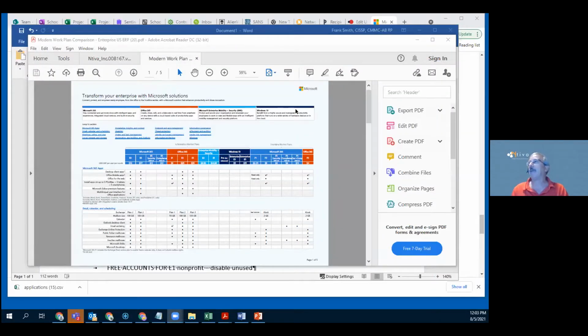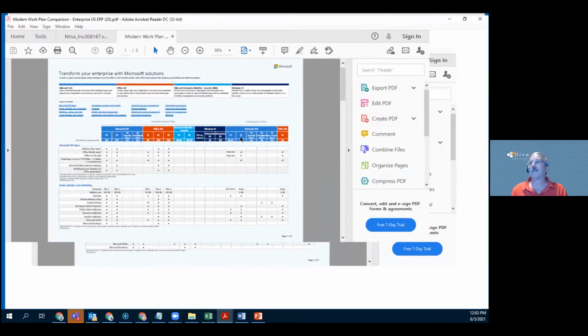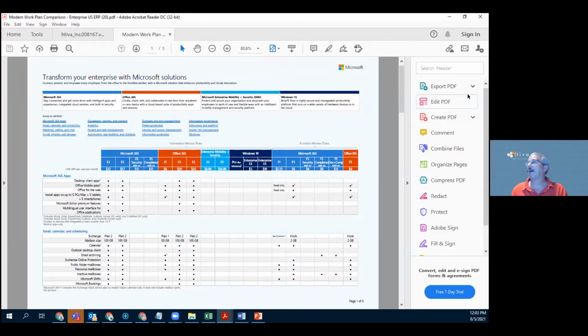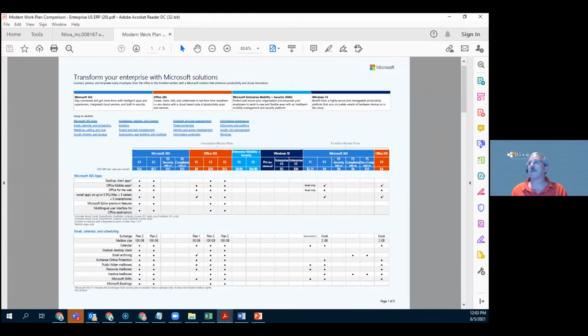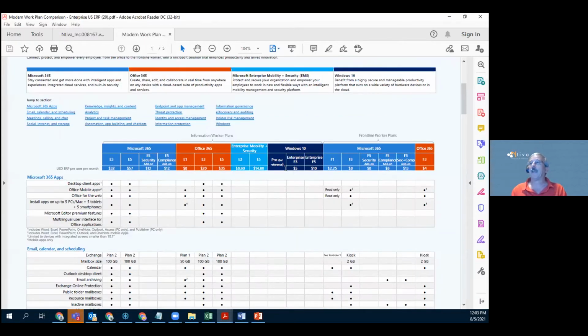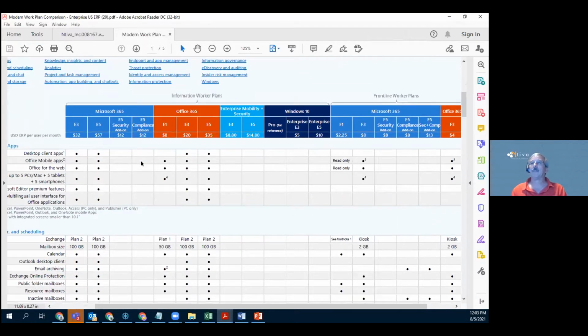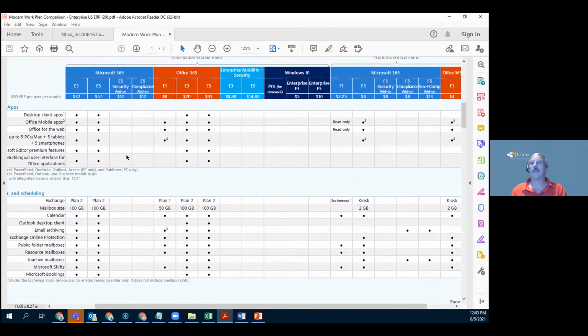This is the latest version of Microsoft's plan comparison chart. I apologize ahead of time, but this isn't my chart, this is Microsoft's. It's five pages, and I'll just scroll through this very briefly.